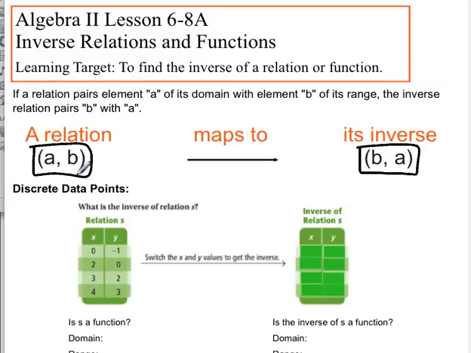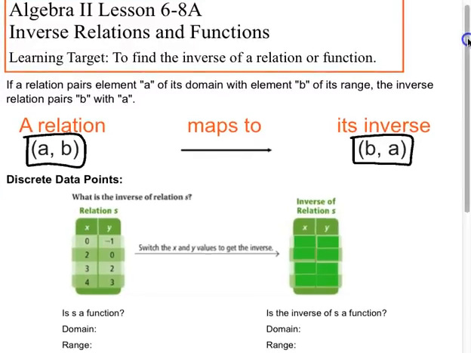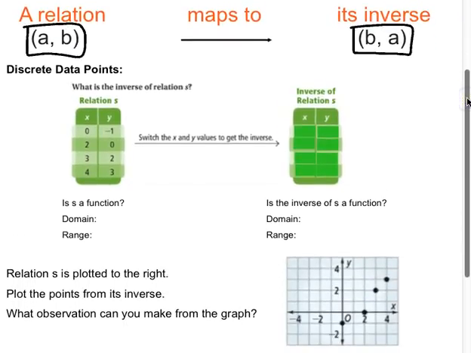So to begin our conversation about inverses, we're just going to start by talking about discrete data points. If I just give you a data table, you should be able to do that flipping for me, right? So if I'm taking this relation S right over here and I'm finding its inverse, again, all I'm doing is swapping the x and y values.